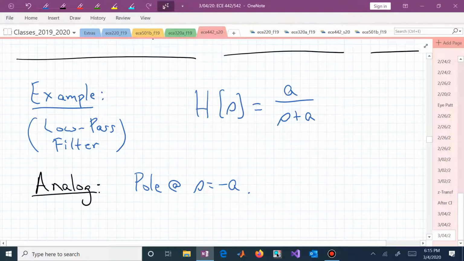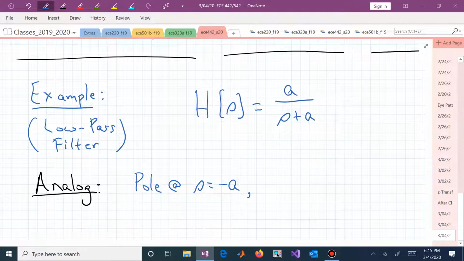Where is the finite zero in capital H of S? What finite value or values of S cause H of S to vanish, or for H of S to equal 0? Can you find a finite value of S that causes H of S to equal 0?